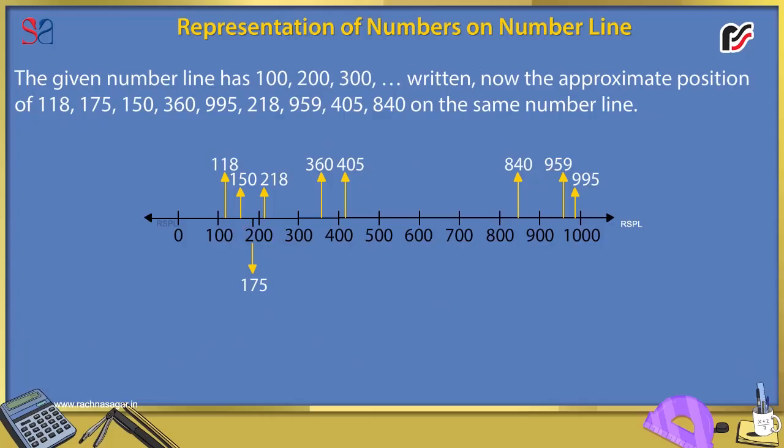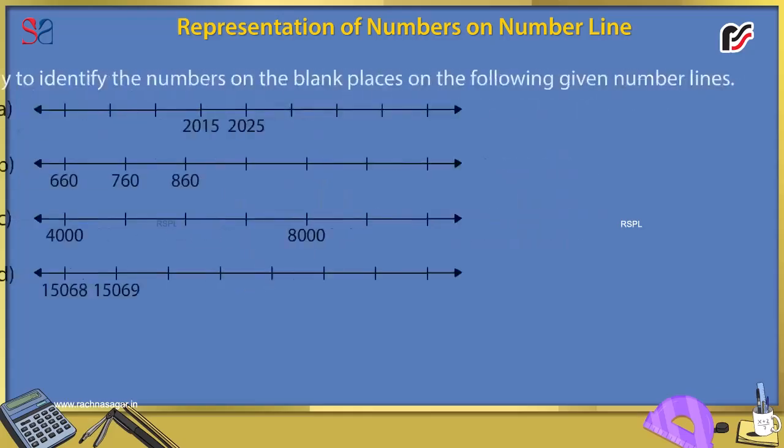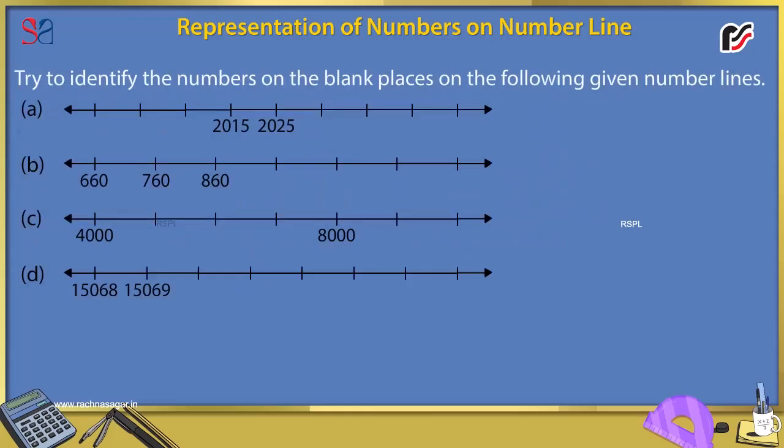Now, the approximate position of 118, 175, 150, 360, 995, 218, 959, 405, 840 on the same number line. Try to identify the numbers on the blank places on the following given number lines.